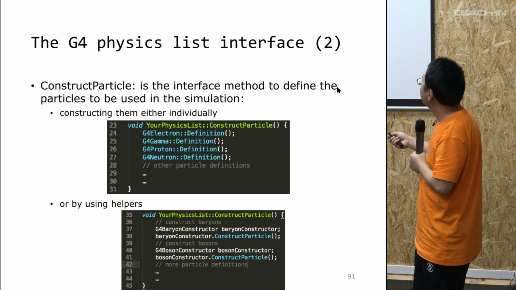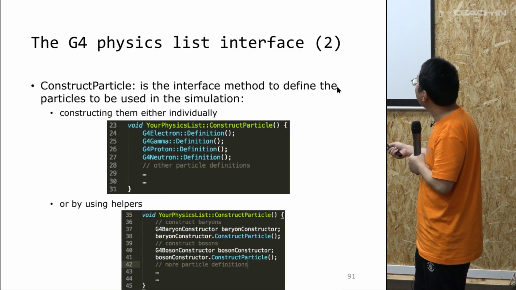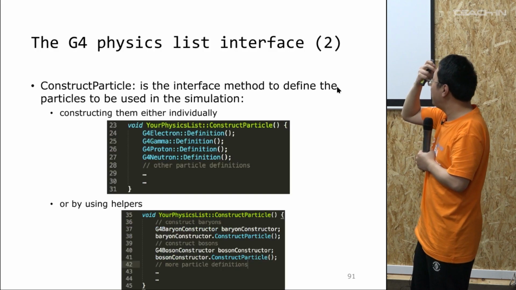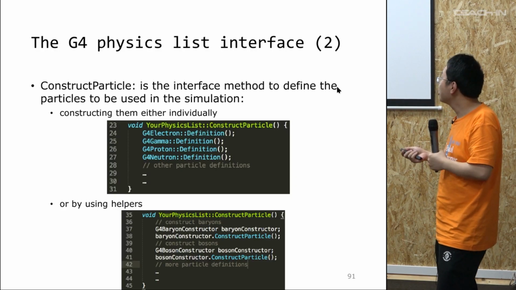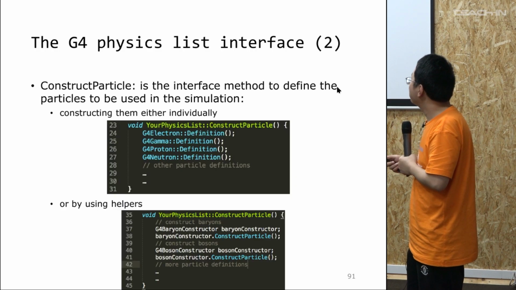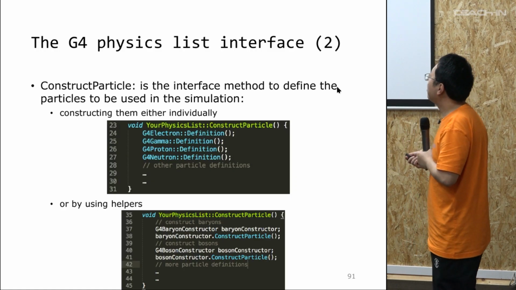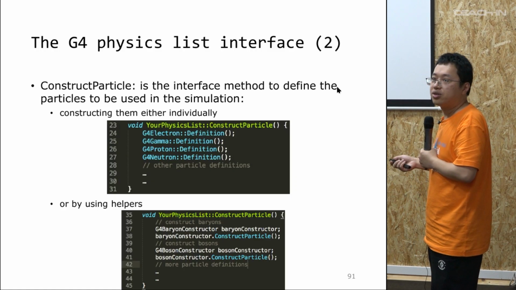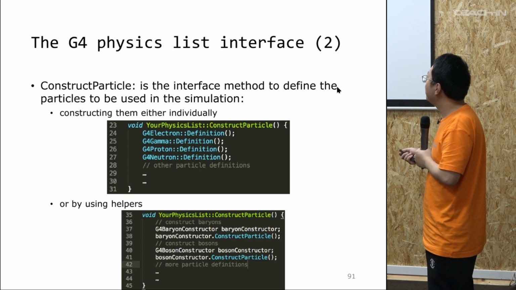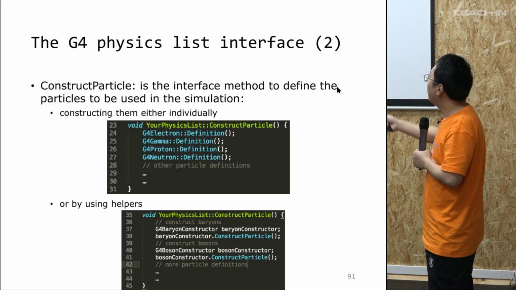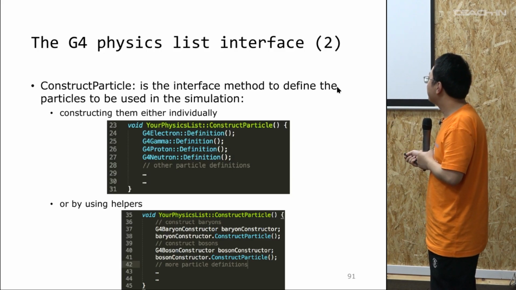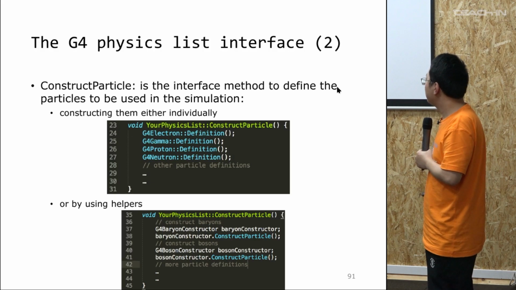Yeah, so here you can see in ConstructParticle, you need to create all the necessary particles. Otherwise, when you do the simulation, if some particle is missing, your program will just break and cannot work. And also, Geant4 provides some helpers because this is a really common use case. Geant4 provides some constructors, and it can construct all of them just by invoking the constructors' method.